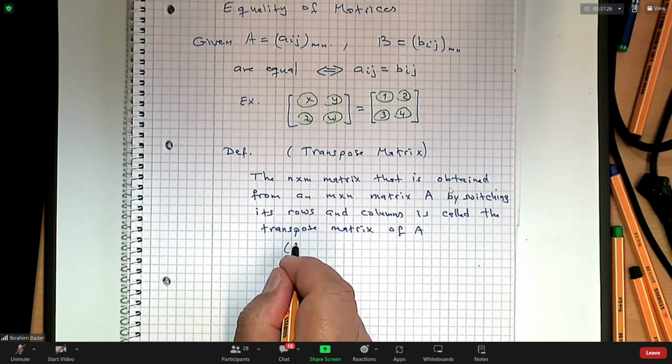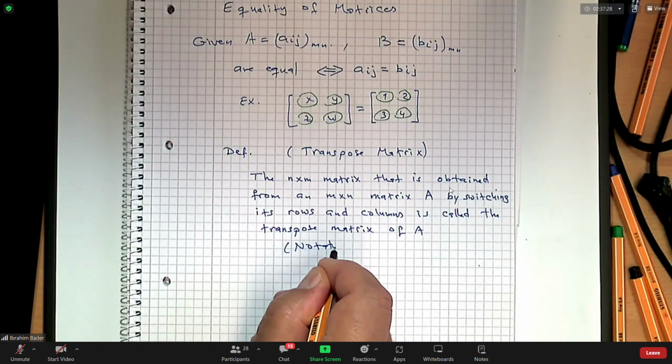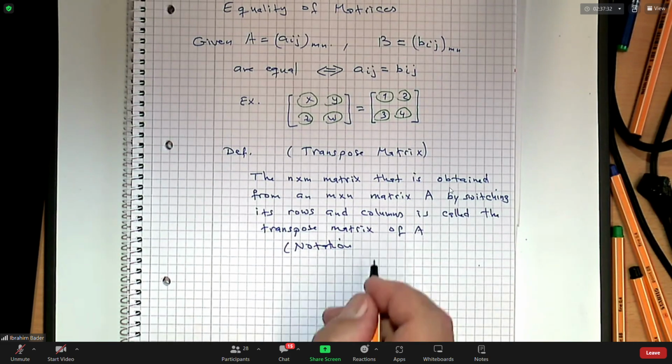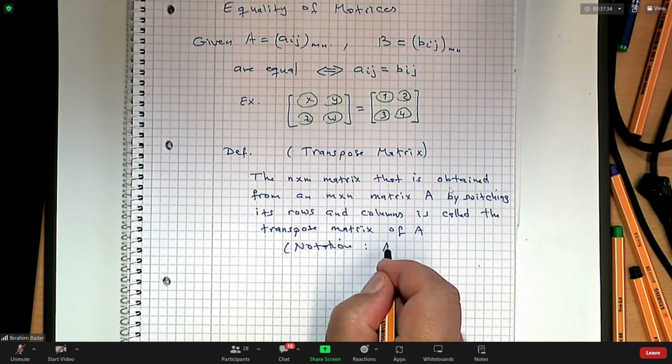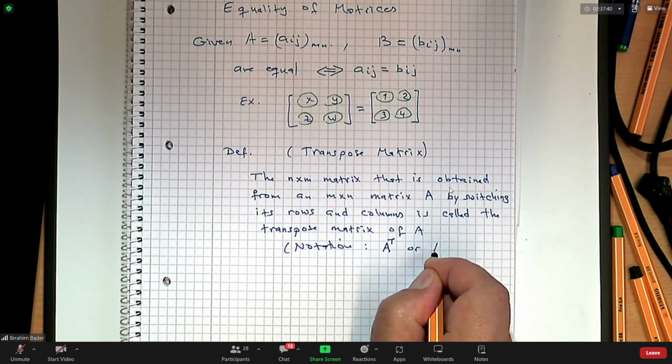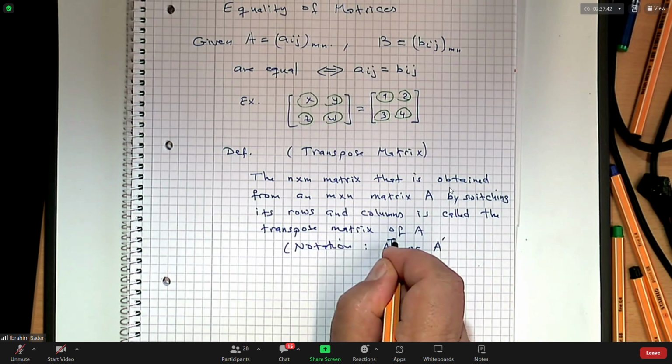So we will use the notation. Here mainly we will use A with a T on top of it, either small or capital, or sometimes only a bar.